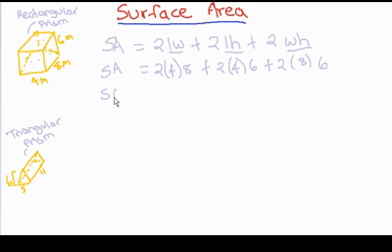So the surface area is equal to 2 times 4 is 8 times 8 plus 2 times 4 is again 8 times 6 plus 2 times 8 is 16 times 6.